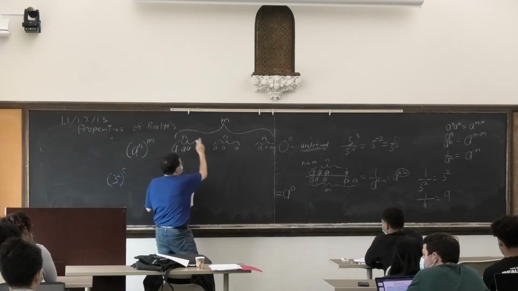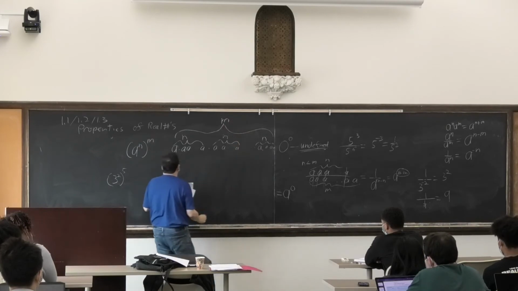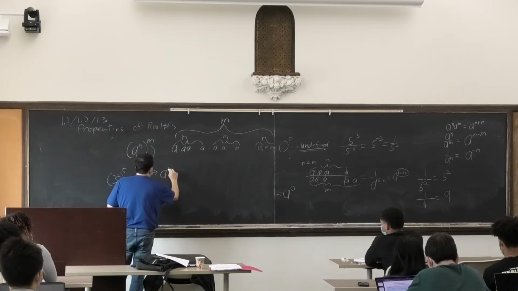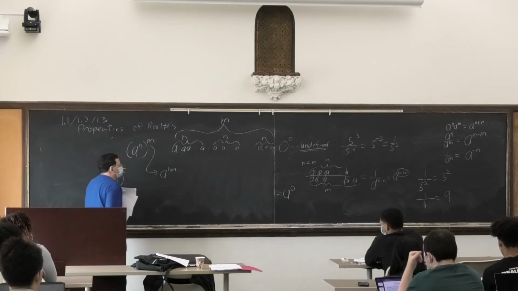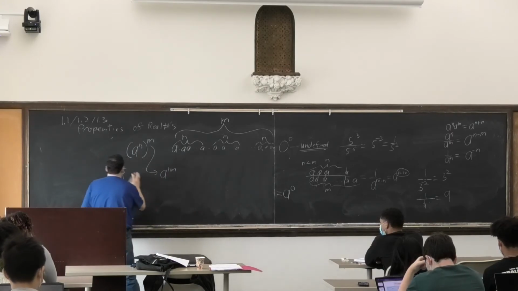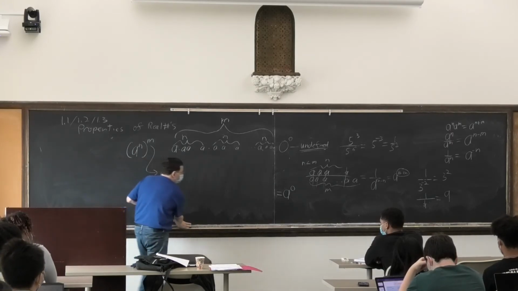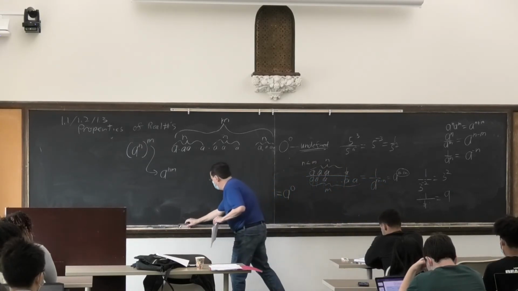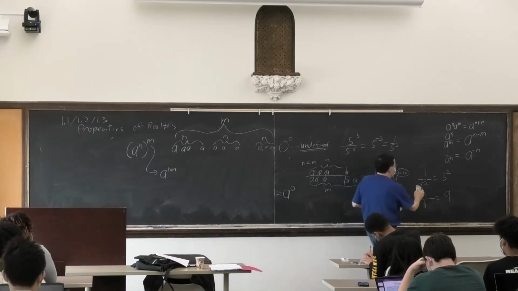Well, that's just n plus n plus n plus n, m times. That's just a to the n times m. Now, we make that part of our list of rules here.